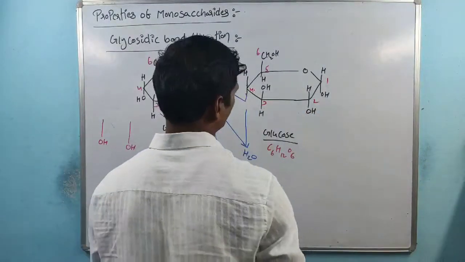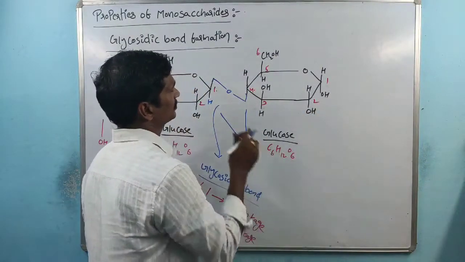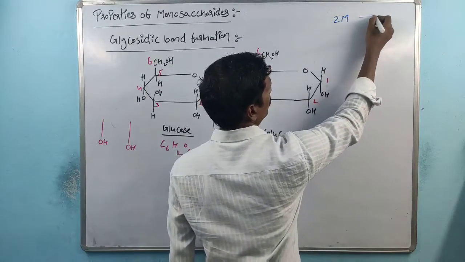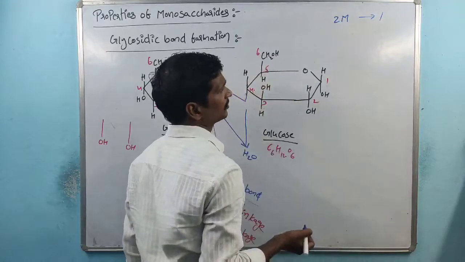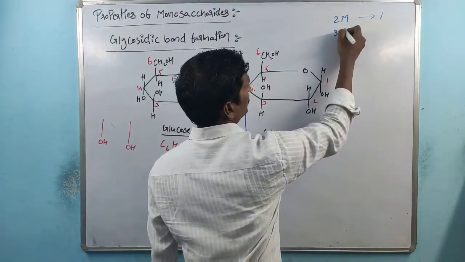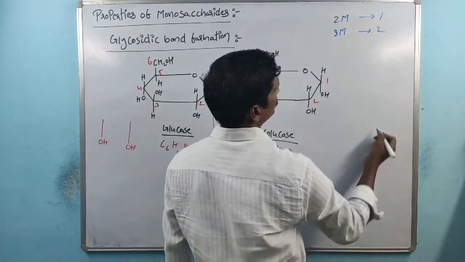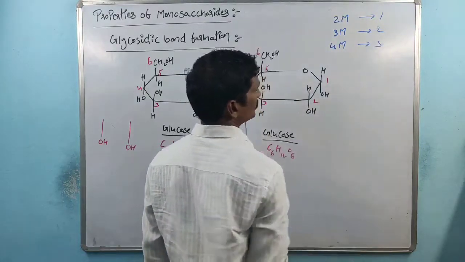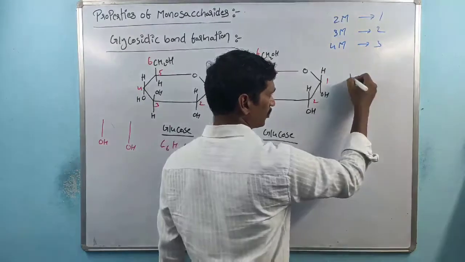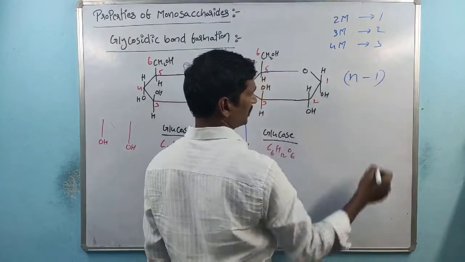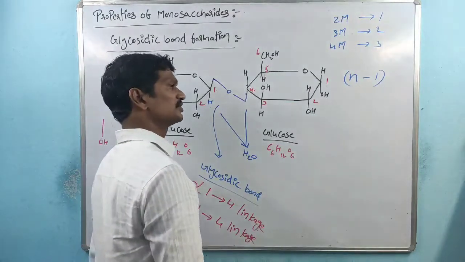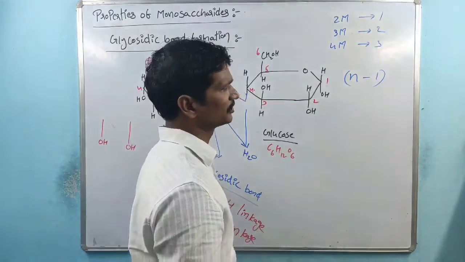I would like to explain one important point: two monosaccharides form one glycosidic bond, and 3 monosaccharides form 2 glycosidic bonds. 4 monosaccharides form 3 glycosidic bonds. Here the formula is N-1, where N is the total number of monosaccharides, and that equals the number of glycosidic bonds.